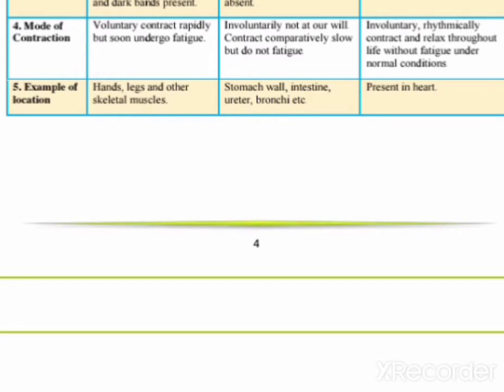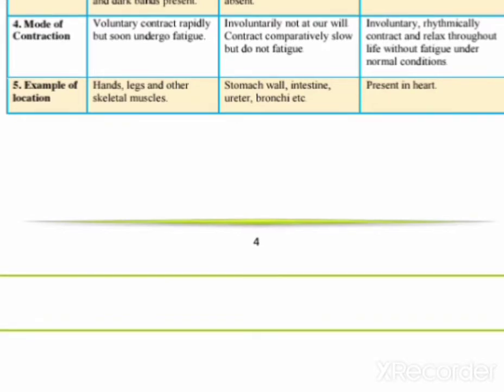Now striations. What do we mean by striation? They are differentiated on the basis of light and dark bands present in the muscles. If these light and dark bands are present, then striations are present. Striation means division, where one part is distinguished from another part. That is the meaning of striation.